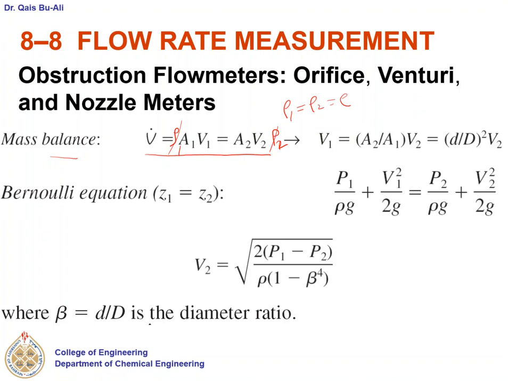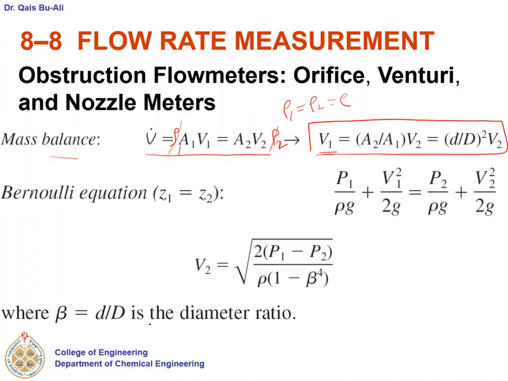And then I can solve for V1. You just rearrange this equation, and you will find that V1 is equal to this relation: the small d by the big D, squared, times V2. You can try to do this yourself.